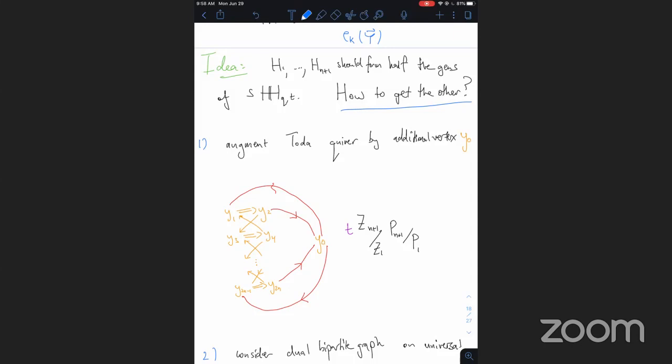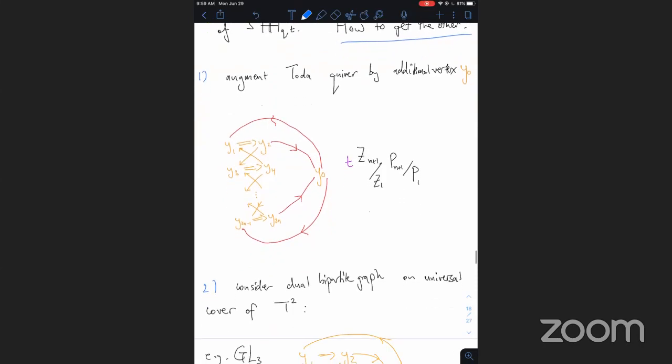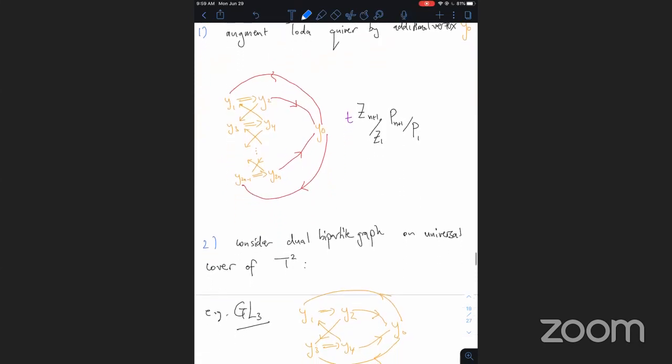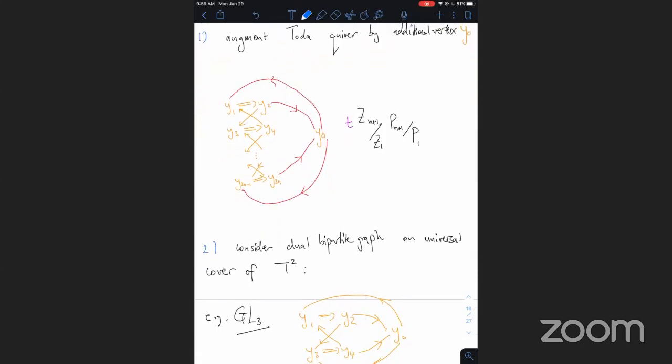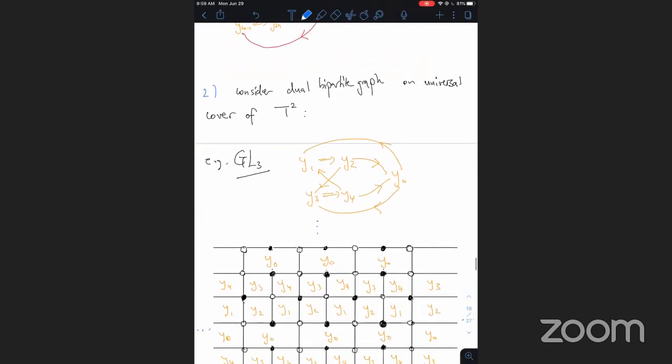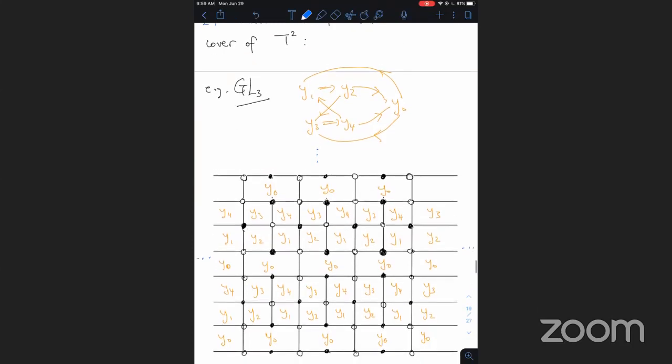As you can see from the picture, this quiver naturally lives not on the cylinder but on the torus, because we now have two directions of periodicity: the original horizontal one, the cylinder on which the Toda quiver lived, in addition to the new vertical one that we've gotten by joining this new vertex y_0. So the next step of the construction is to consider the dual graph on the universal cover of the torus. Let me show a picture that I already drew for GL_3.